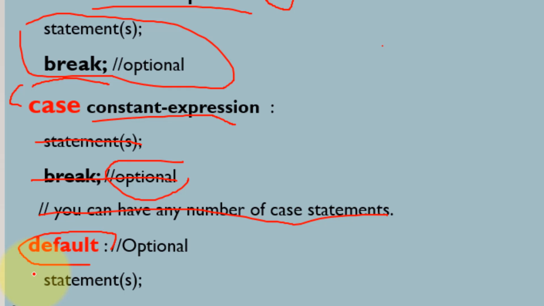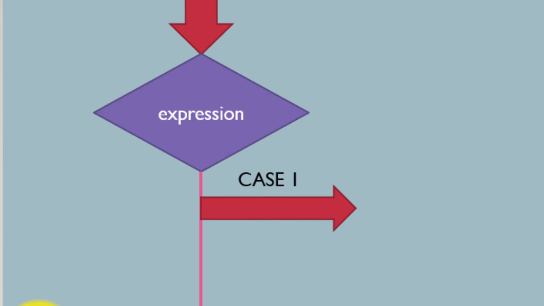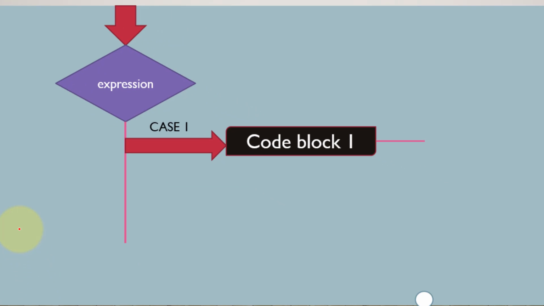If you compare it through a flow diagram, when you start running a program, the first thing the program will do is check your expression. After checking the expression, it will go through the cases. First, we check case 1, and if the condition is true, we perform code block 1, the statements in this area.